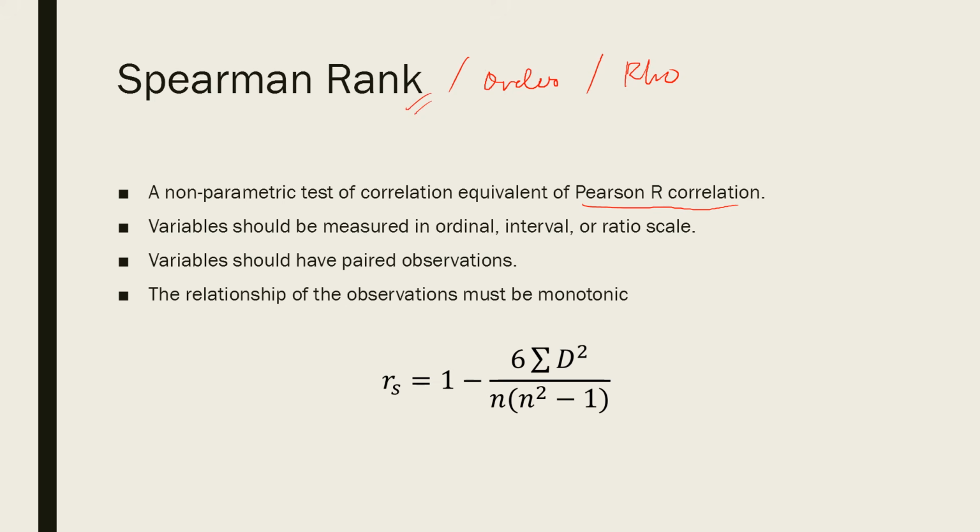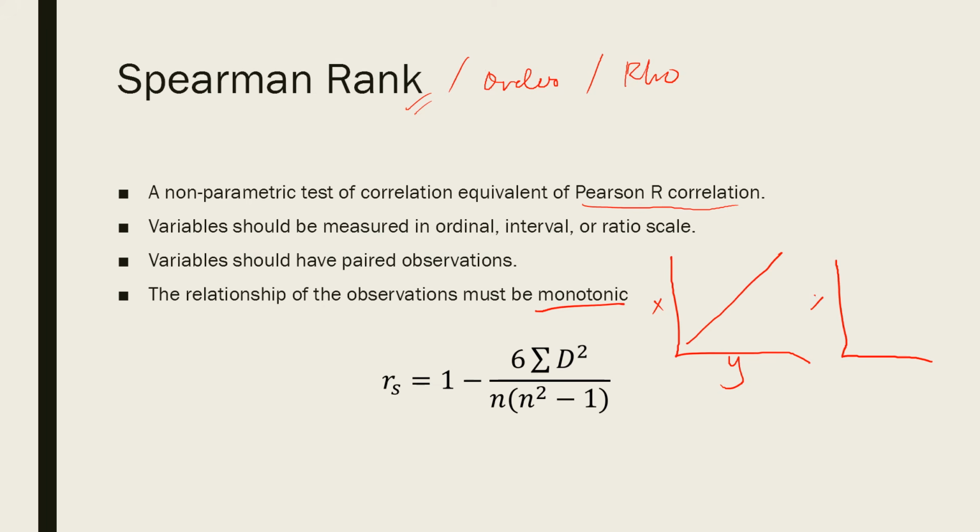Now, the variables should be measured in an ordinal, interval, or ratio scale. And the variables, this is important, should have paired observations. And the relationship of the observations must be monotonic. What do we mean by monotonic? It means that it has a linear correlation. So if one variable increases, let's say this is x and this is y, then the other should also increase.